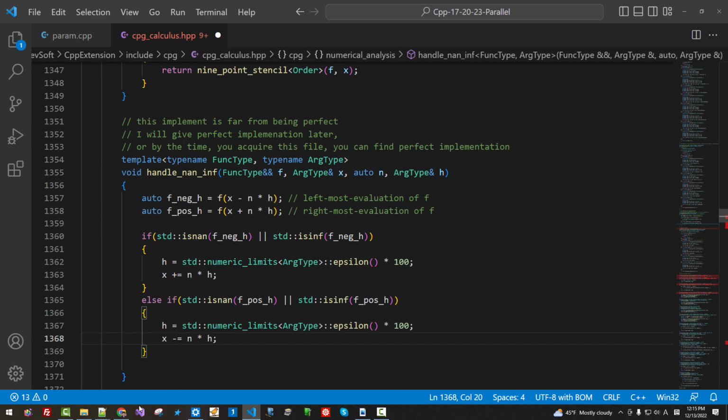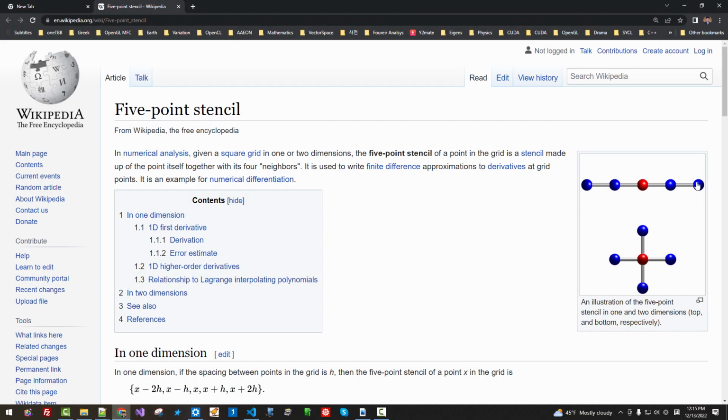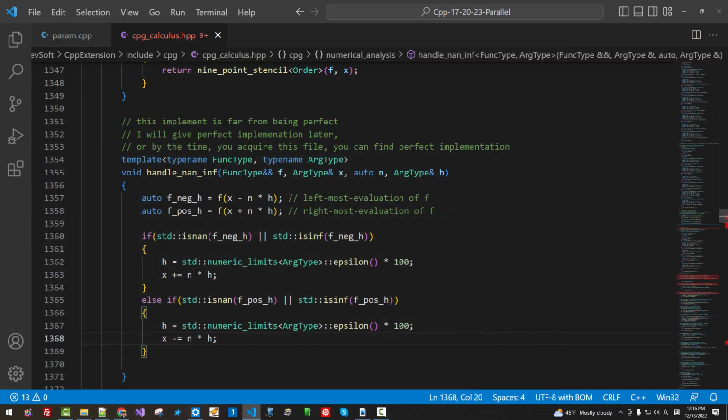What it means is that if this point returns not a number or infinity, then we move the whole set of points to the left. This is what it says.